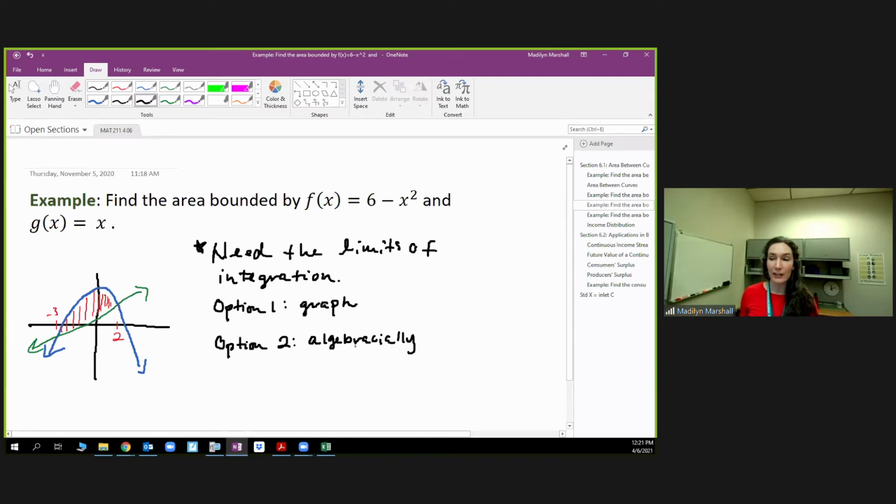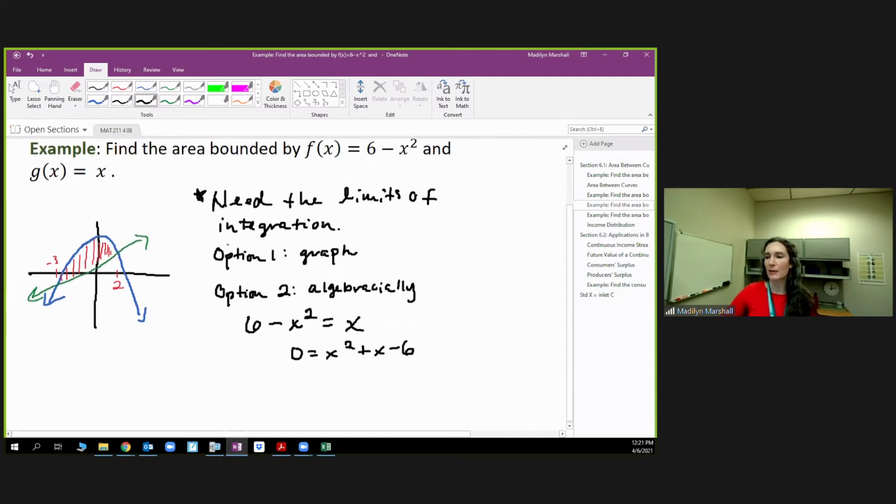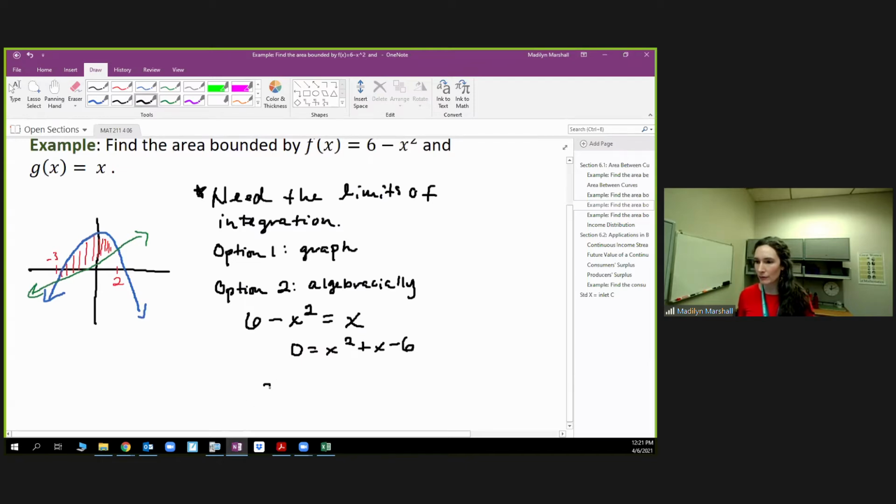So if we're just trying to find where these two graphs intersect each other, we would just take f and set it equal to g. And then solve this equation. And we would get the same things. So you can do it by graphing, but if you want to do it algebraically, that's also fine.